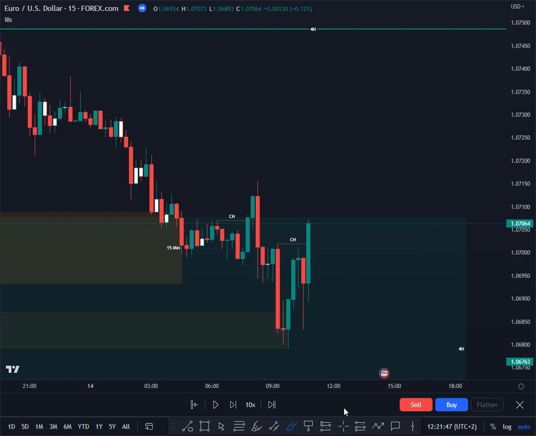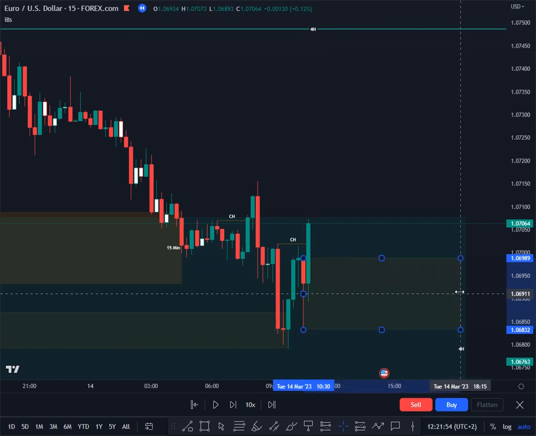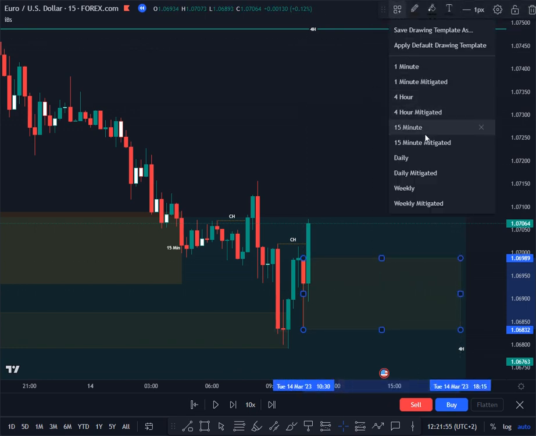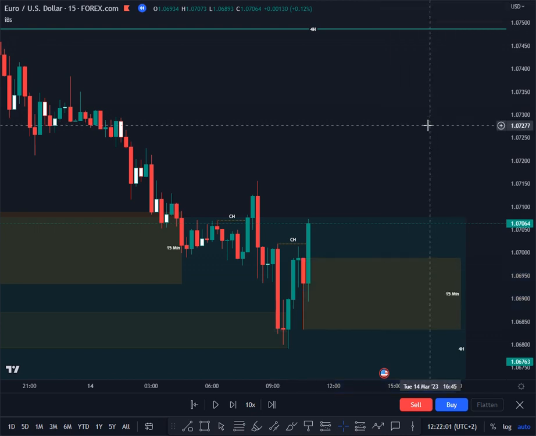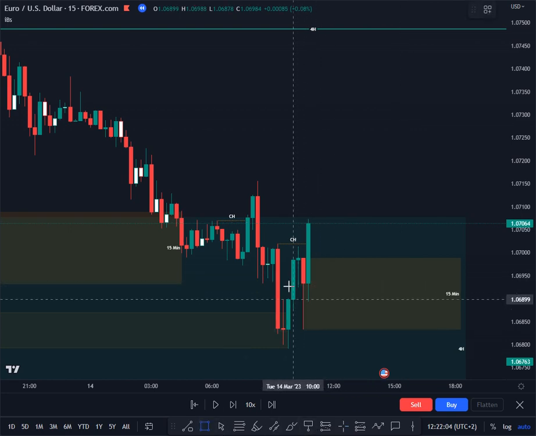When M15 breaks structure, we try to look for the last point of demand that caused the break of structure. So now we've created an M15 demand zone, and let's see what else M15 did. There's this supply zone over here.